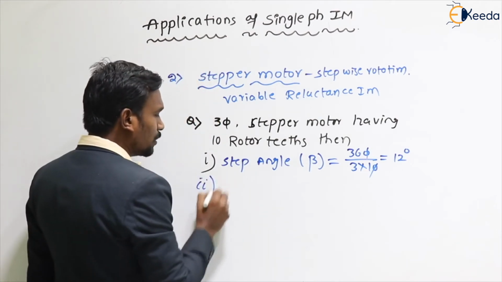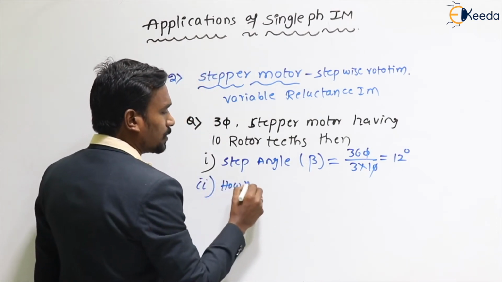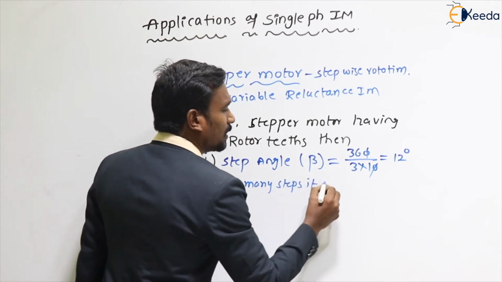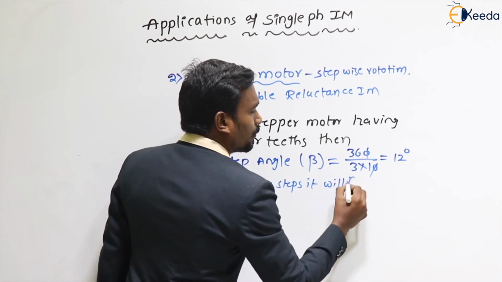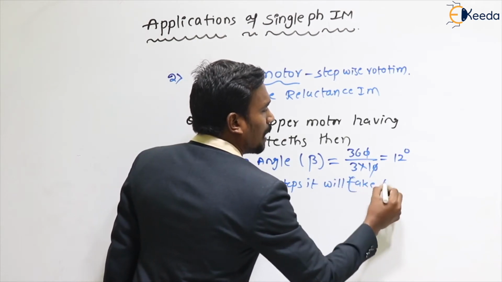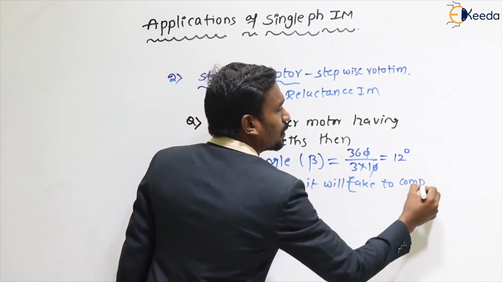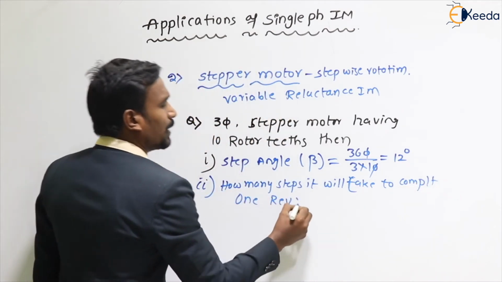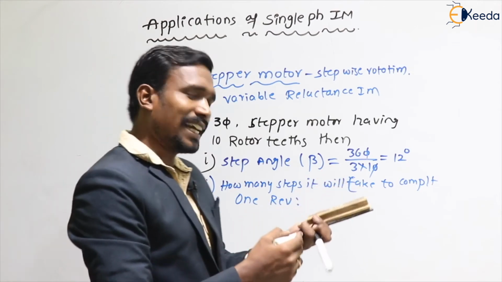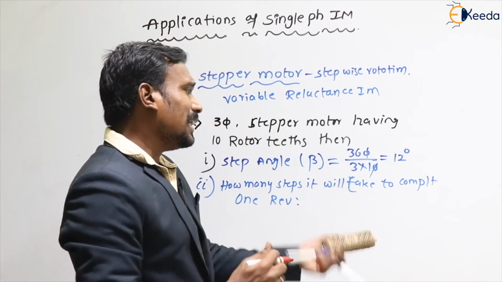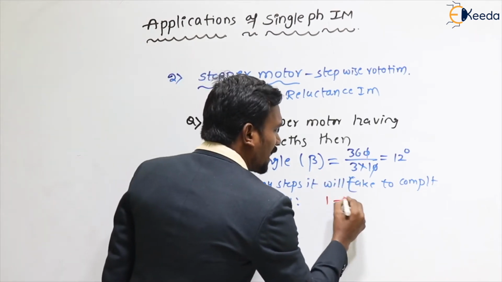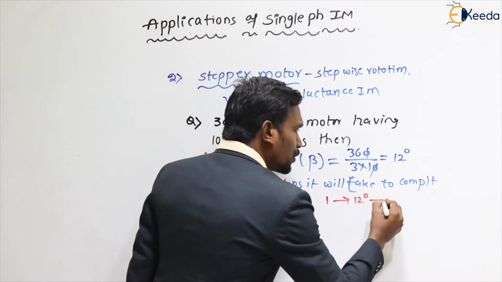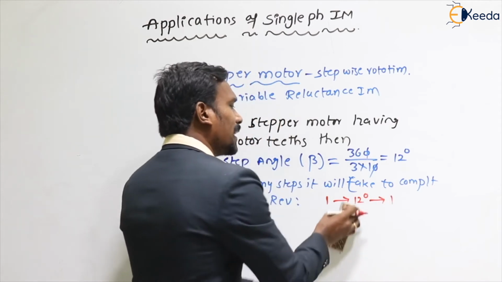Second question, they will ask you, how many steps will it take to complete one revolution? Generally, one step takes 12 degrees. Nothing but 12 degrees takes one step.